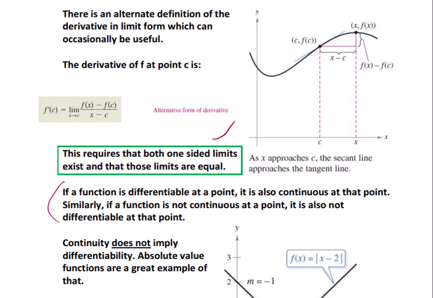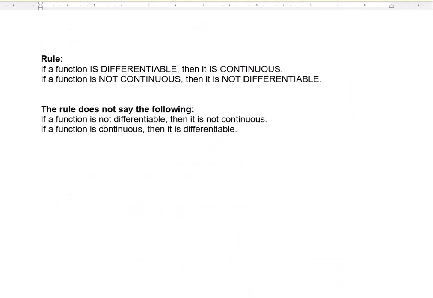Right here is telling us that if a function is differentiable at a point, it's continuous there. On the other hand, if it's not continuous at a point, it's not differentiable. Now get that in your head. If it's differentiable, it's continuous. If it's not continuous, it's not differentiable. Let me write it out a different way.